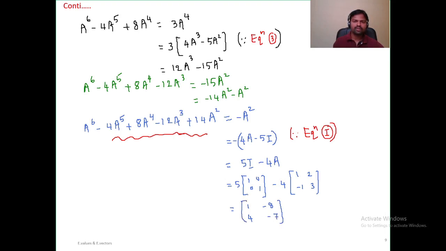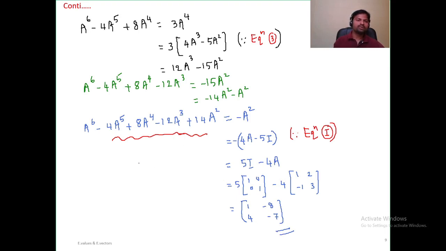Make sure once again: 5 minus 4 is 1, minus 8, 0 plus 4 is 4, 5 minus 12 is minus 7. So this is the final answer. This entire value is simply 1 minus 8, 4 minus 7.